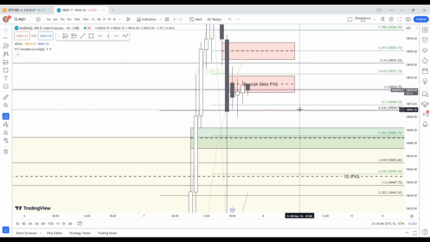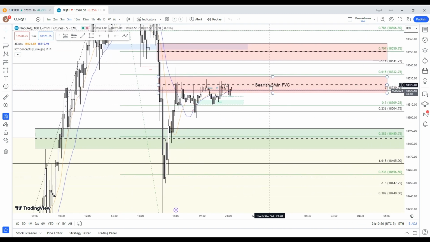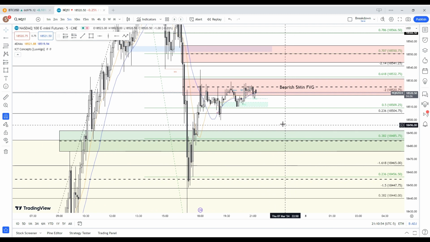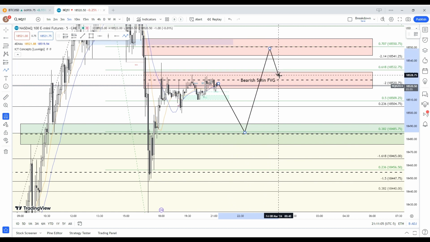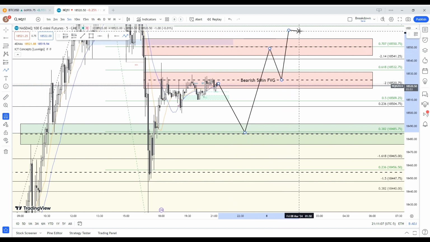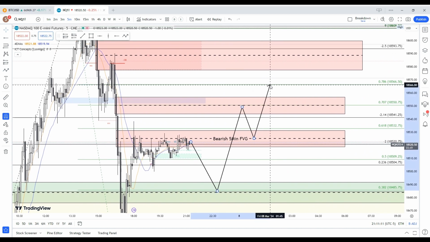So maybe we can put something together. Let's drop down to a lower time frame. We cannot get over this bullish or bearish 5-minute. So maybe this scenario plays out where we can get through that and push up.